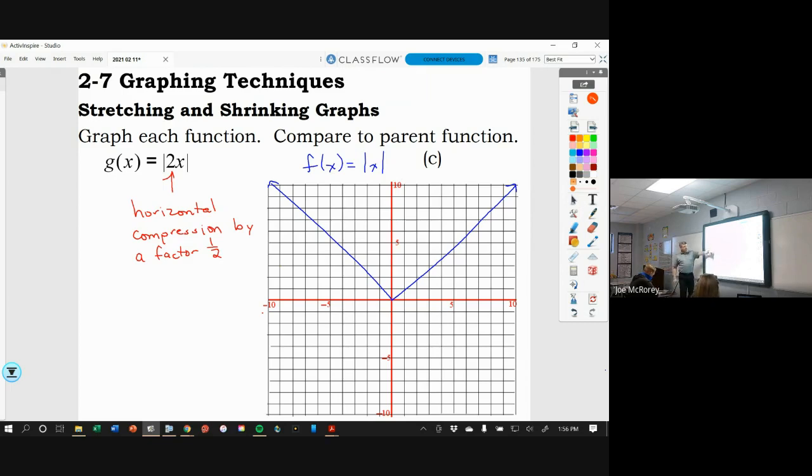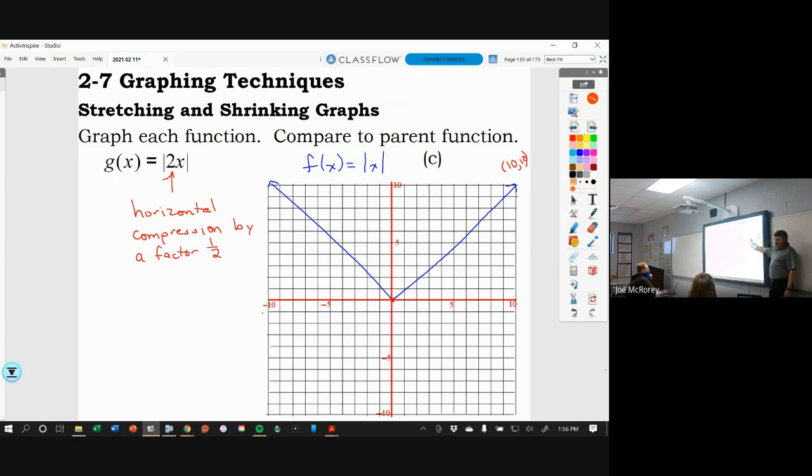Okay. Horizontal compression factor 1/2. Does the x change? Horizontal, yes, the x changes. Does the y change? No. The point (0, 0) is not going to change, is it? No. Never. This point here is the point (10, 10).